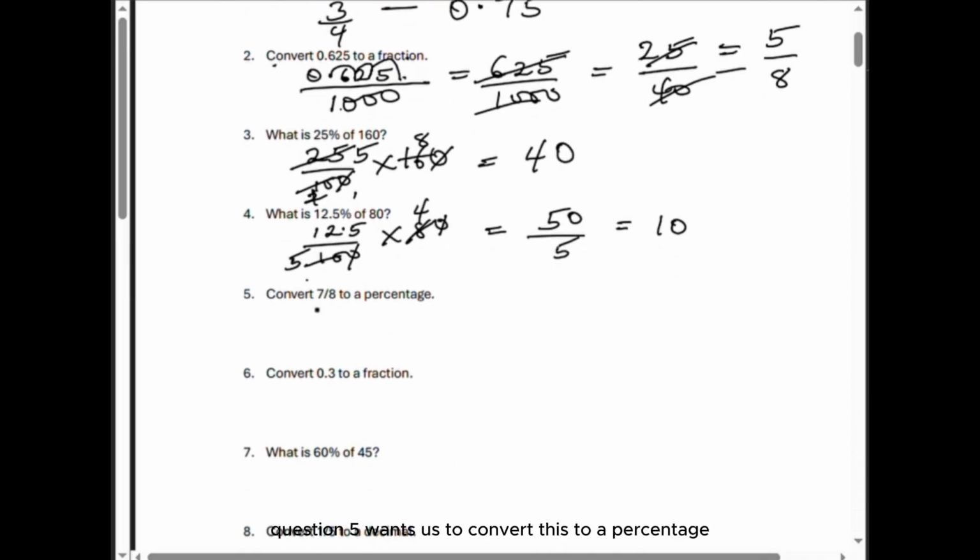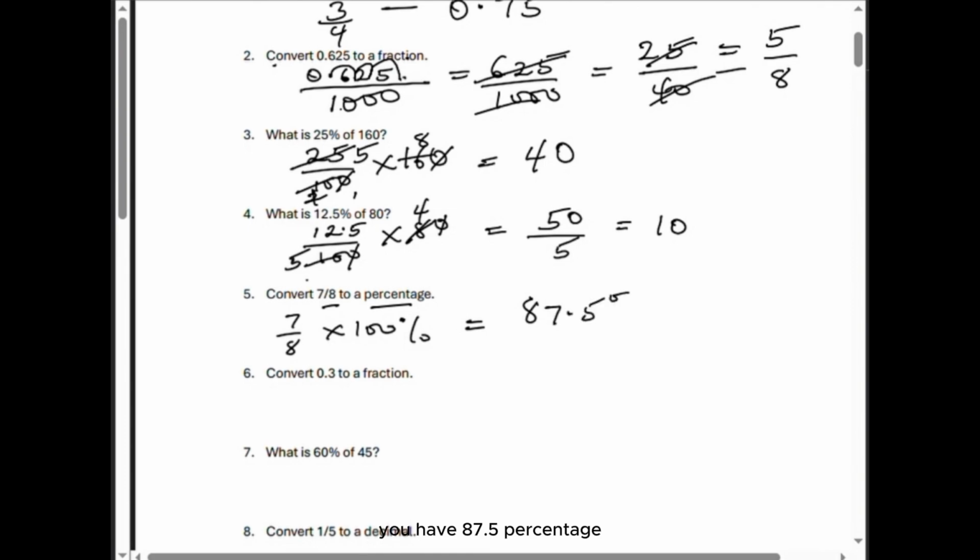Then question 5 wants us to convert this to a percentage. 7 over 8 times 100%. You can use your screen calculator and get this straight up. You have 87.5 percentage. Question 6 wants us to turn this to a fraction, 0.3.